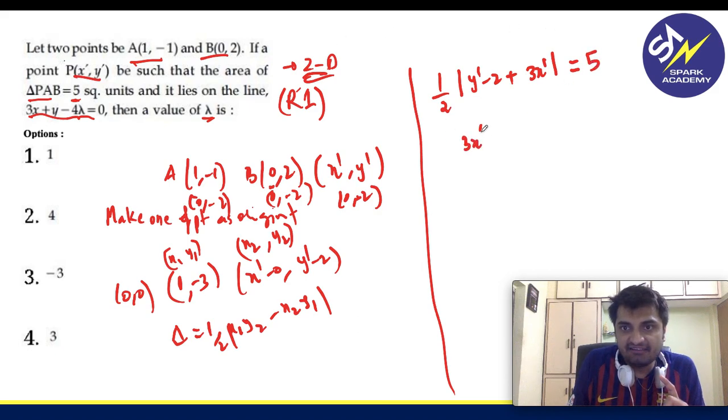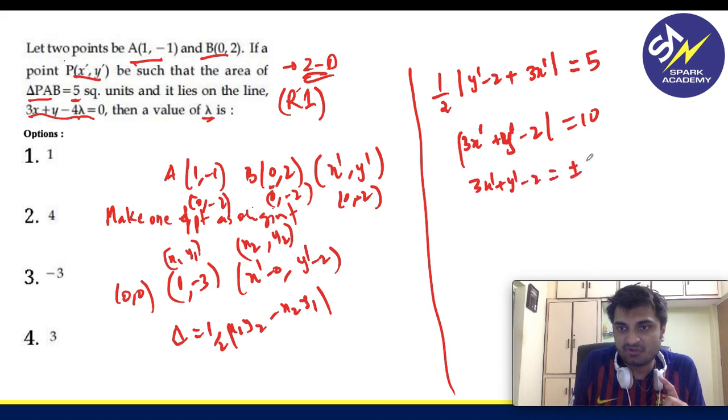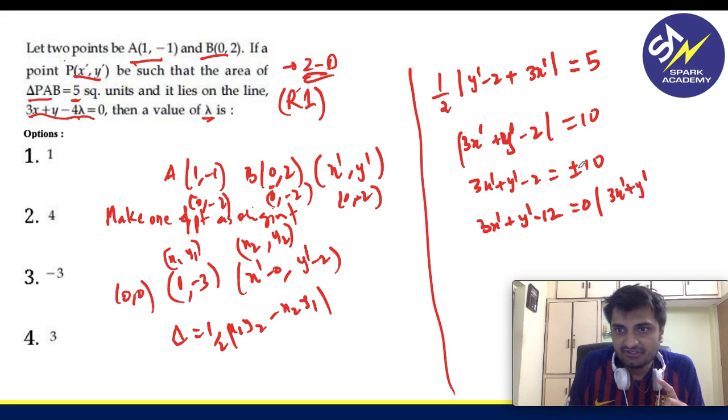So basically I will get mod of 3x dash plus y dash minus 2 will be 10. So 3x dash plus y dash minus 2 will be plus or minus 10. Either 3x dash plus y dash minus 12 equal to 0, or if it is minus 10, it will be plus 8 equal to 0, right?